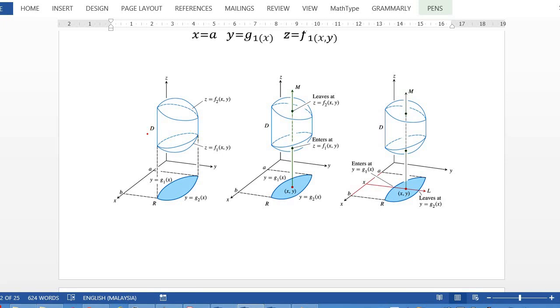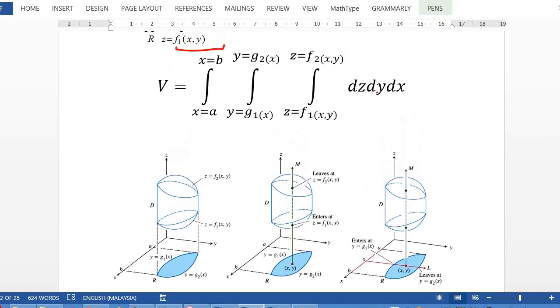They use D instead of G. When you press this solid G, the projection of the region R will be on the xy plane, and we notice that this region R is bounded by the bottom curve, y equal to g1(x), and the top curve, y equal to g2(x). That's why the limit of y will be from the bottom curve y equal to g1(x) until y equal to g2(x).